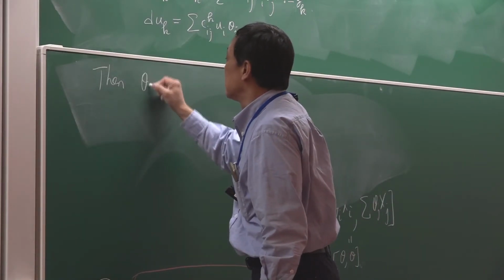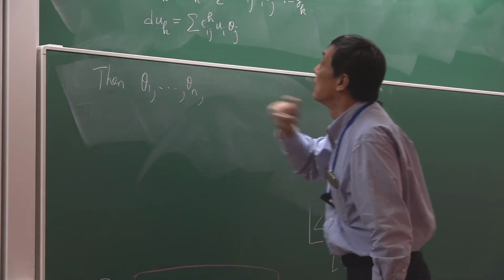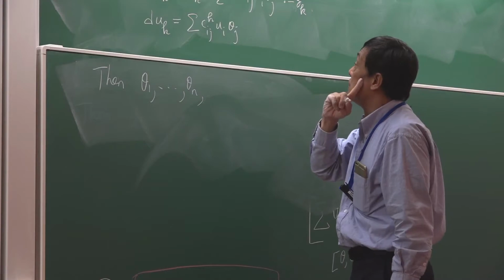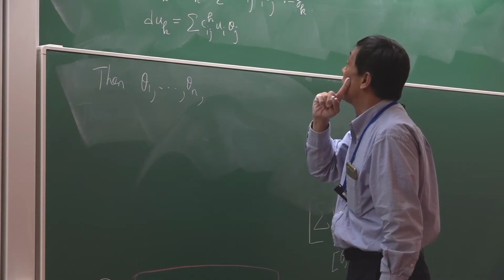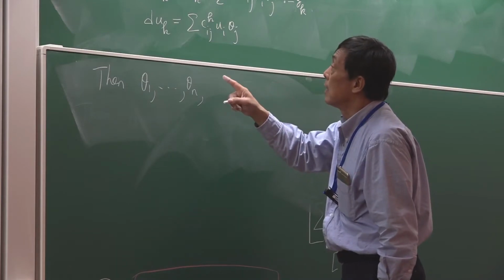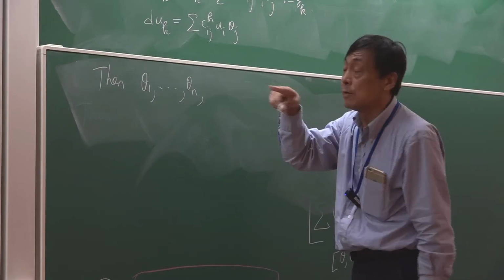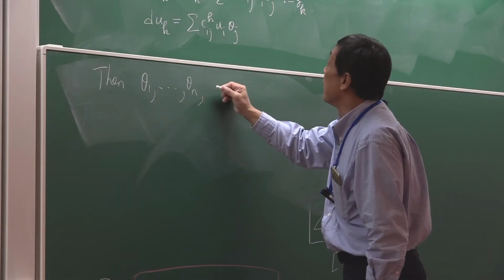And theta 1 to theta n is a set of generators for the exterior part of the Weil algebra.